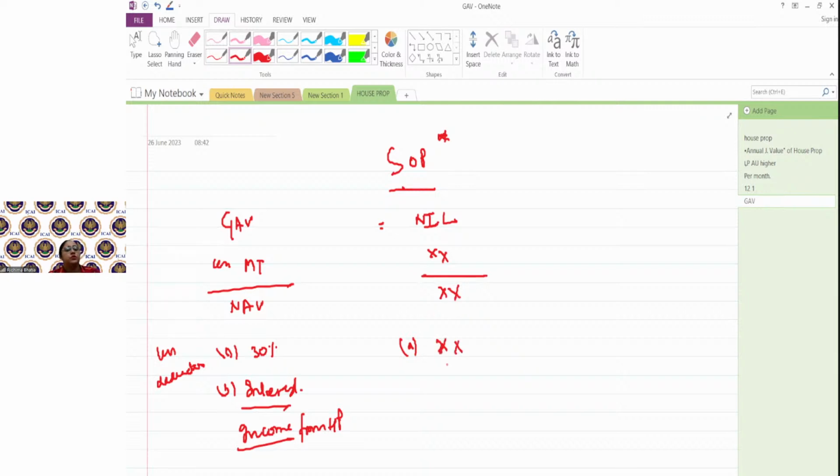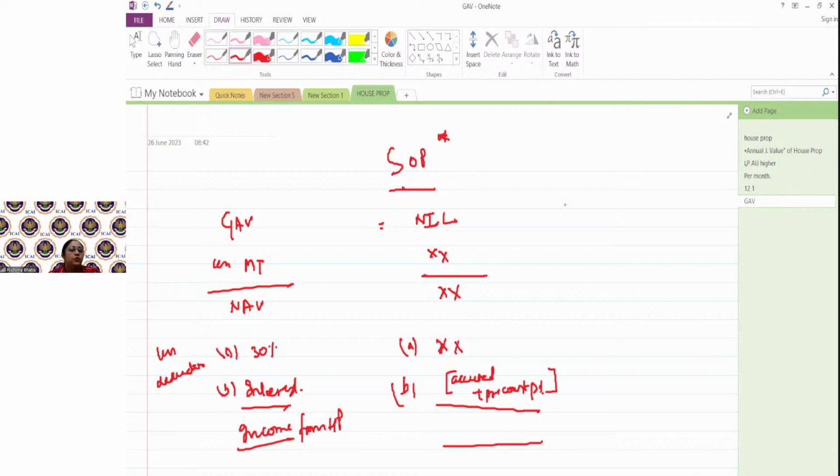So standard deduction is also not there. Only, friends, interest deduction is there, and that too exactly the same: accrued during the year plus pre-construction period interest.